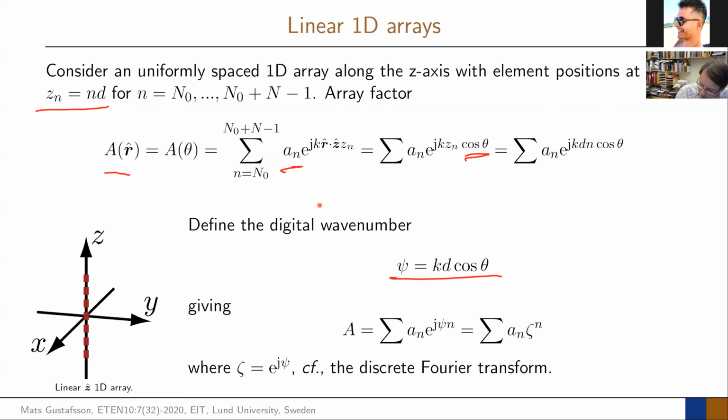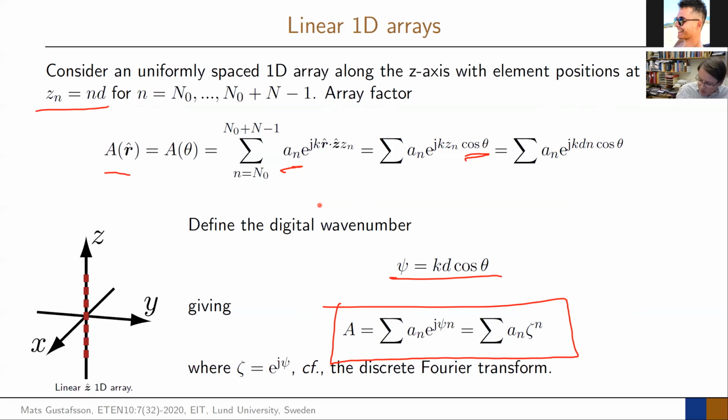And then we can see here that our array factor is the discrete Fourier transform of these coefficients. So it's very similar to what we had before with the radiation vector. I said that's basically the Fourier transform of the current density. When we have an array, it's the Fourier transform of the signals we send to it instead.